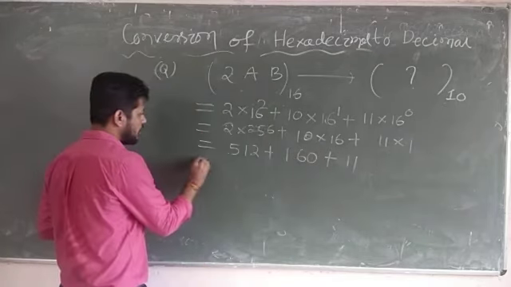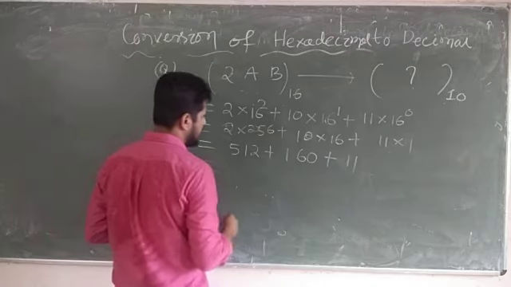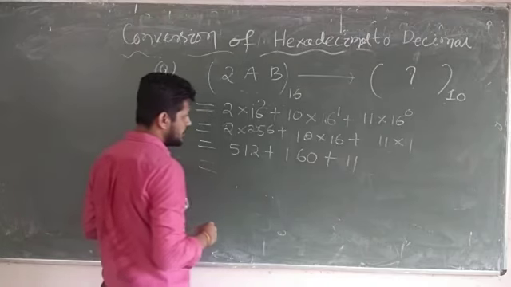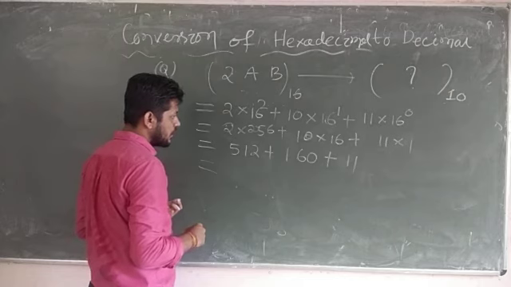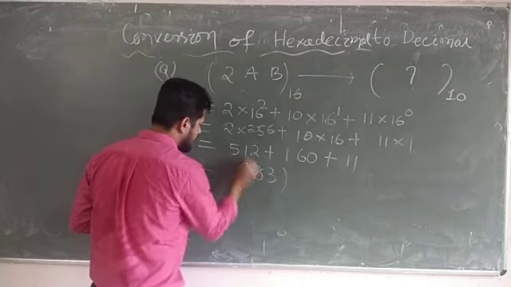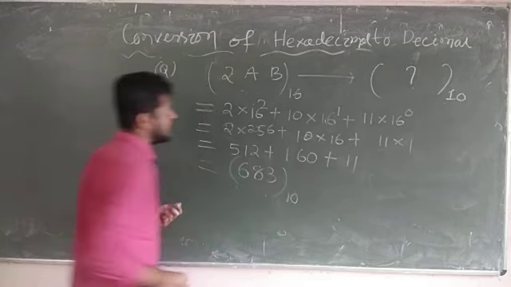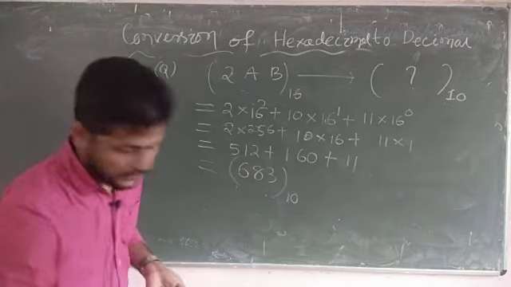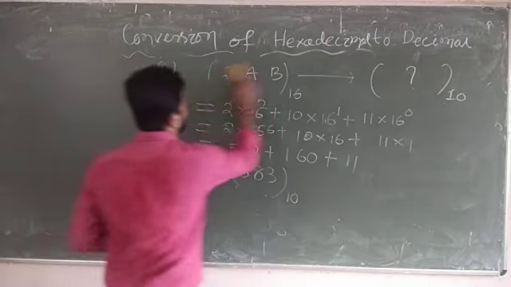So just add all the numbers. 512 plus 11, 523 plus 160, so 683. So answer will be 683 in decimal. So you need to convert like this from hexadecimal to decimal.